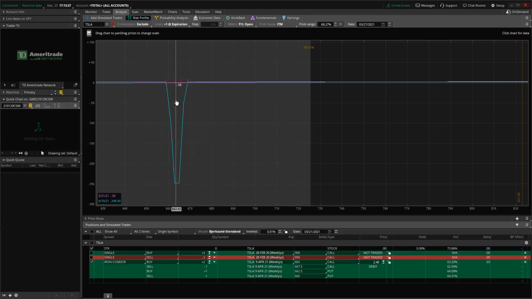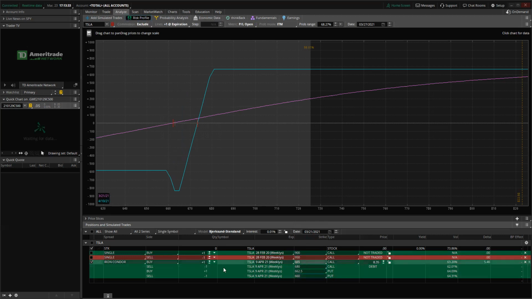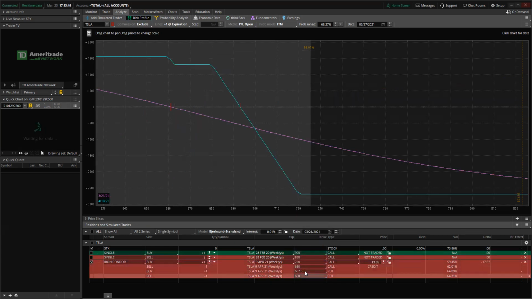So when we're analyzing risk profile, if we take these short strikes and we start to roll them out, right? We'll roll them out, let's say at 680. Roll the bottom leg out to the 720. Yeah, it's going to look a little messy for a second.